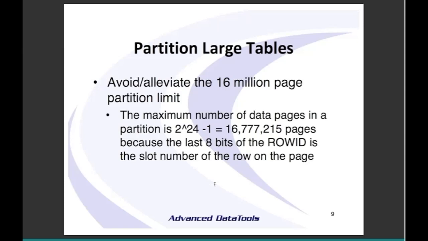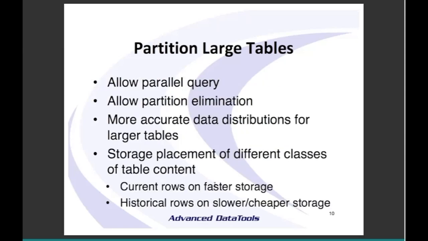Now, parallel database access is one of the key reasons for partitioning, because you can read all the partitions at the same time if you need to do a sequential scan on the whole table, or you can read just one partition and fine-tune it down to that one partition.